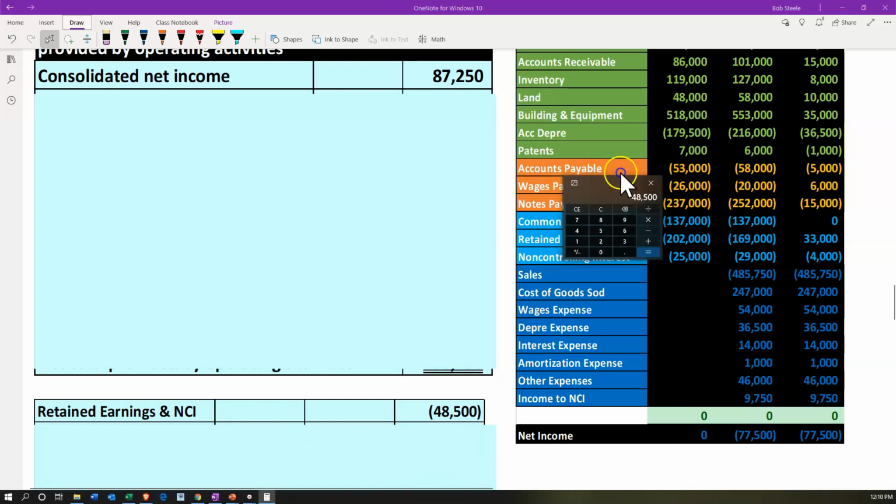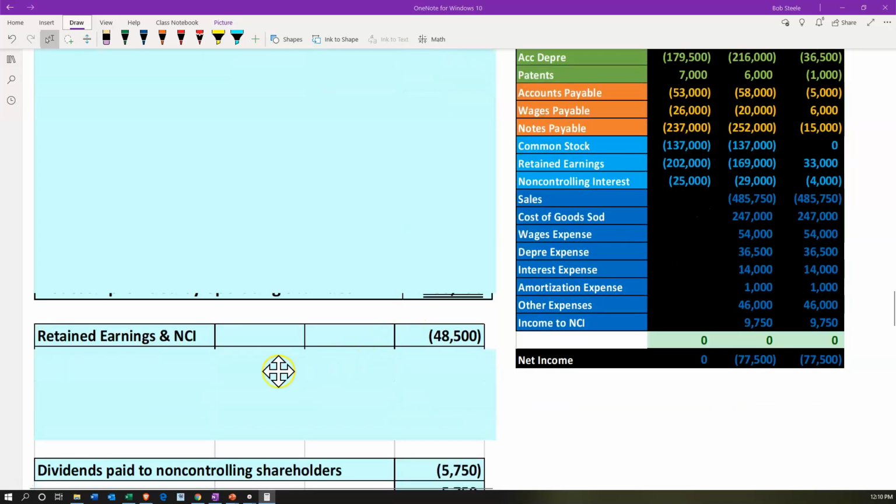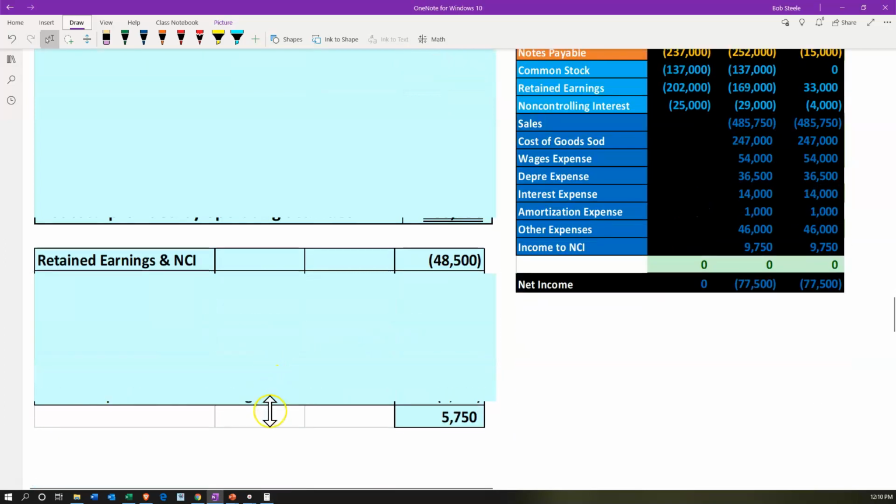What if I took that total change in equity and reconciled it to this 87,250? What's going to be included there? Okay, that's going to be our issue.